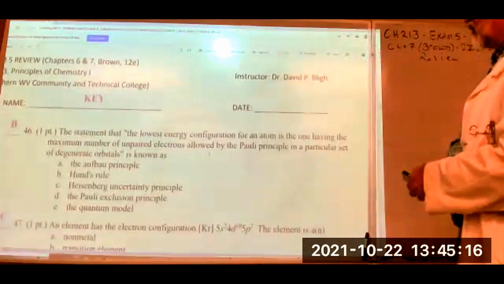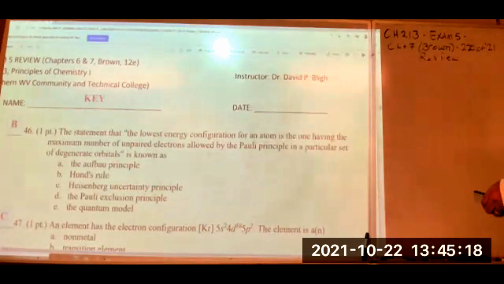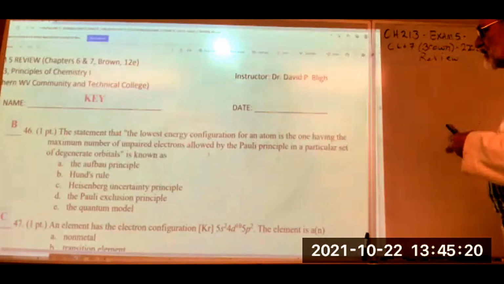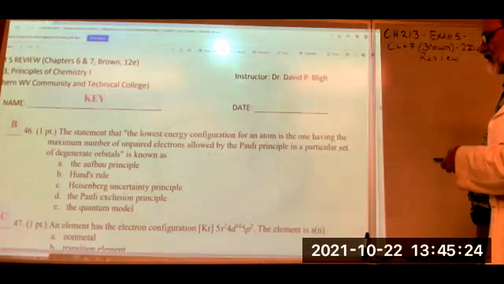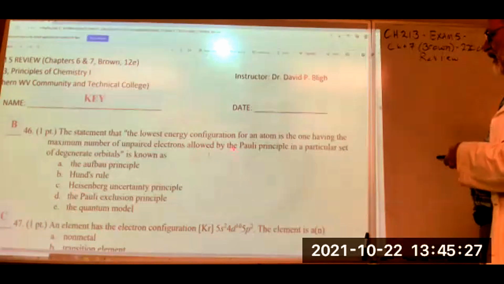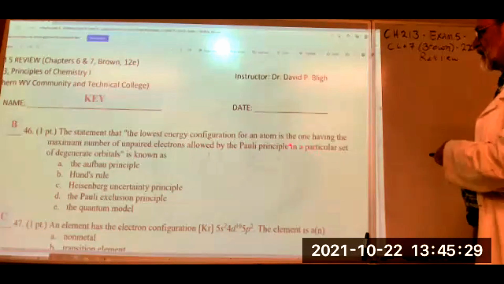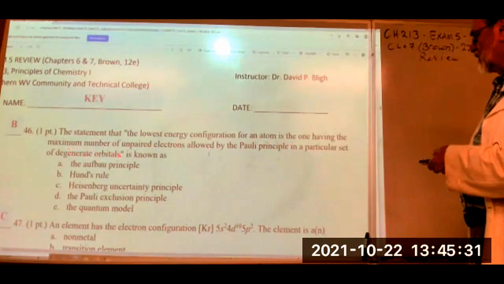Let's see. 46. This checks to see if you remember the rules. The statement that the lowest energy configuration of an atom is the one having the maximum number of unpaired electrons allowed by the Pauli principle in a particular set of degenerate orbitals.